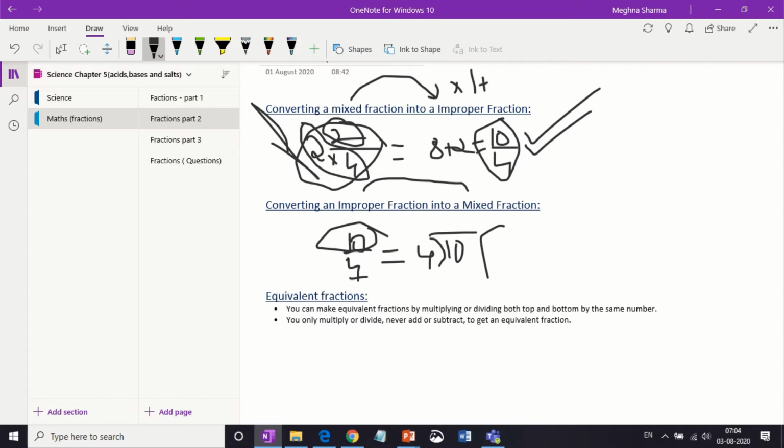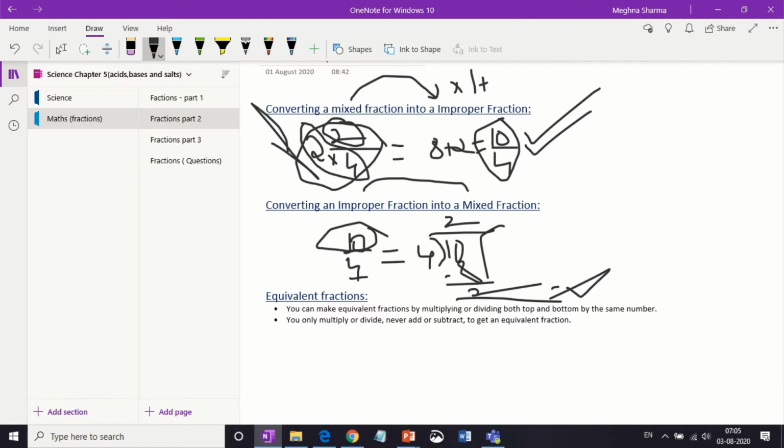Now we do normal division. 2 fours are 8. You do the subtraction, you get 2. You should remember this: by converting an improper fraction to a mixed fraction, you will always get a remainder.